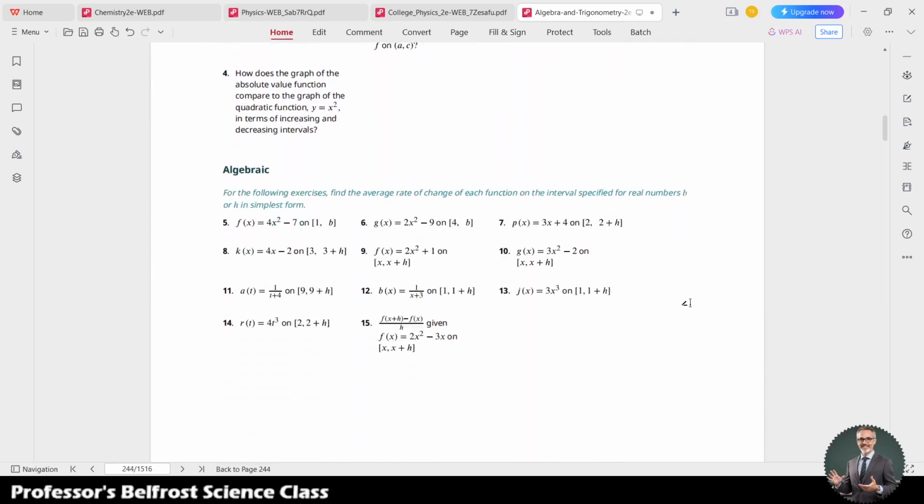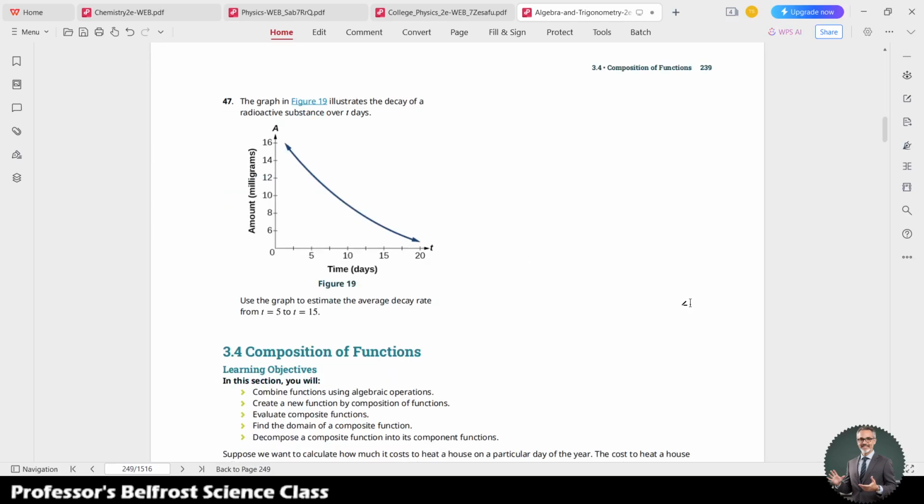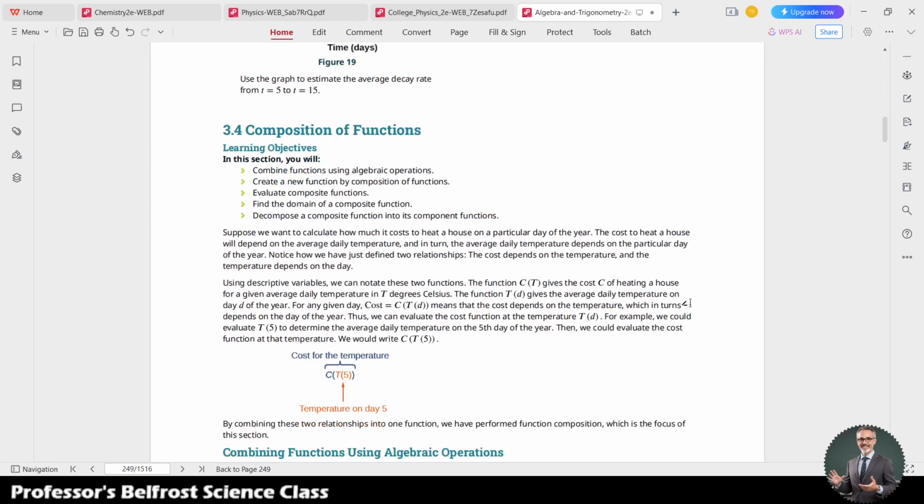Now let's go to composition of functions. Composition of functions is a very crucial thing in function discussion. Suppose we want to calculate how much it costs to heat a house on a particular day of the year. The cost to heat a house will depend on the average daily temperature, and in turn the average daily temperature depends on the particular day of the year.